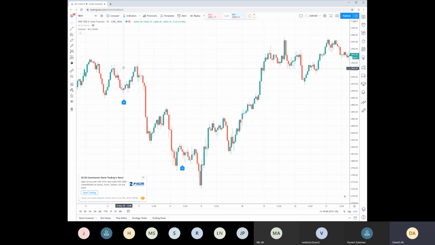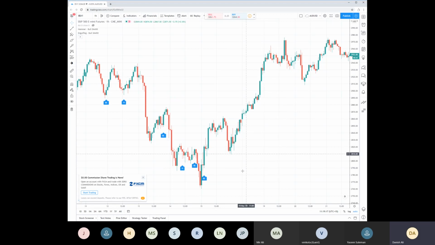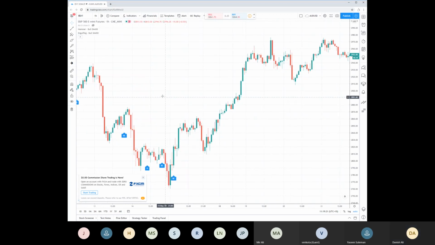This is another hammer. Now this hammer shows going up. Similarly, you can just say engulfing bullish. This candle is a bullish engulfing. This candle is a bullish engulfing.